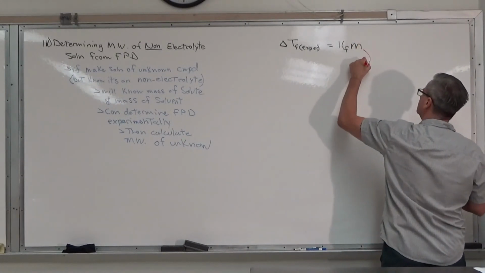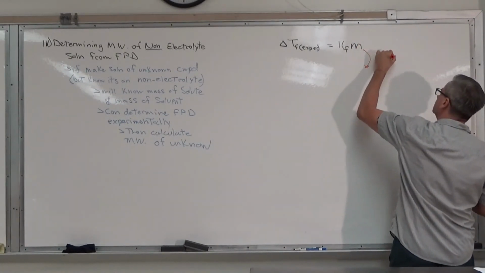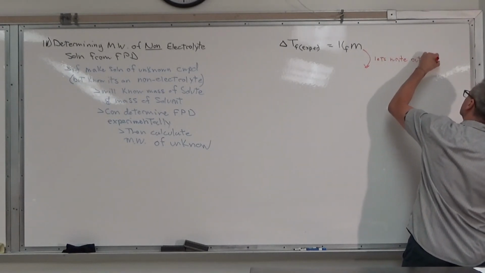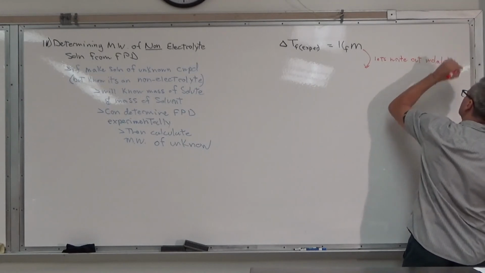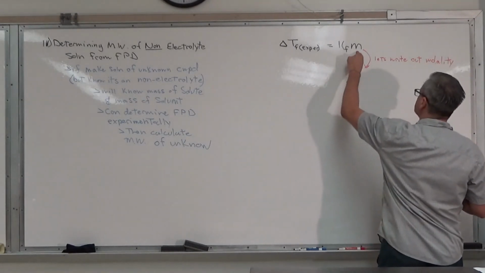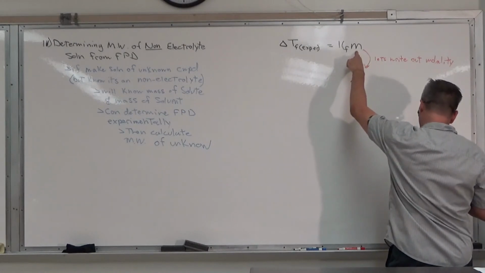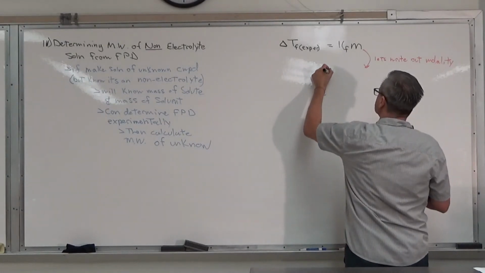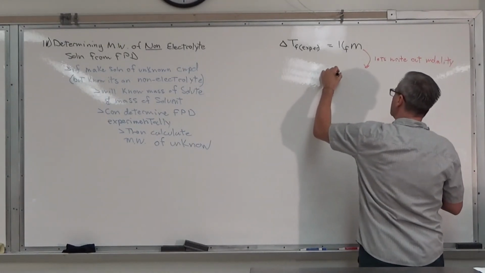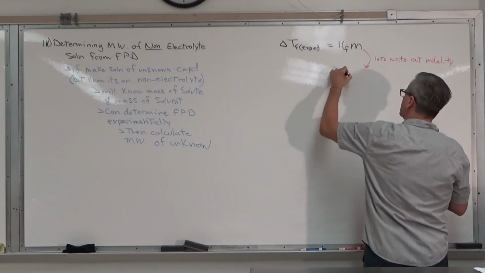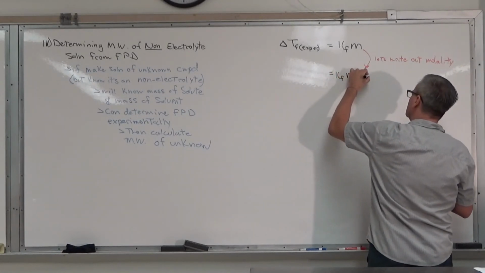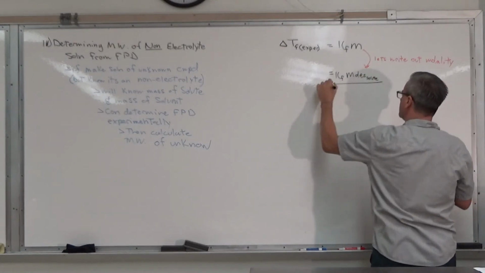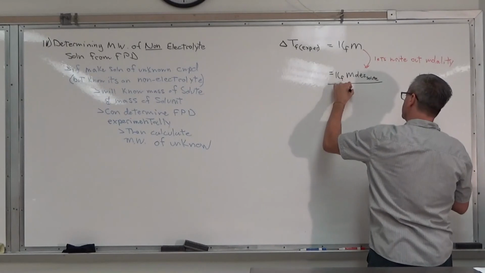So let's write out molality. We know that it's moles of solute per kilogram of solvent. We're just going to rewrite this formula: ΔTf equals Kf times the moles of solute over kilograms of solvent.